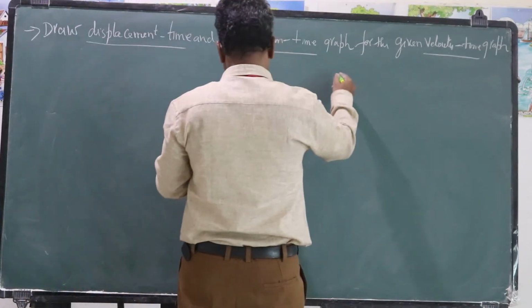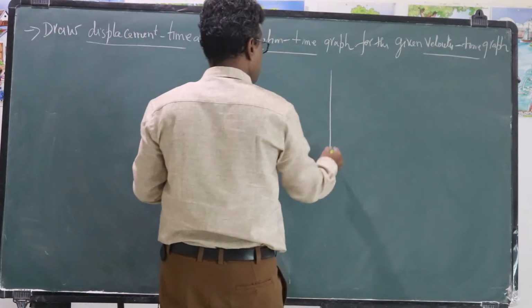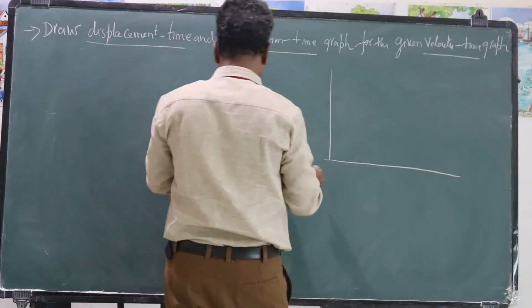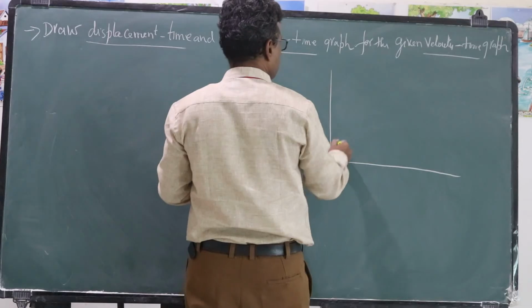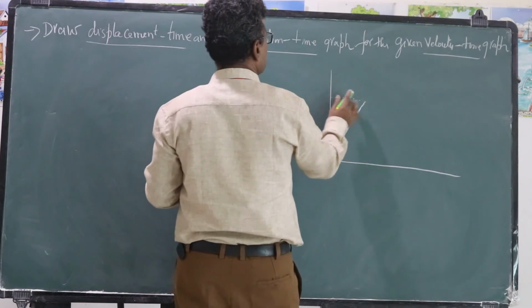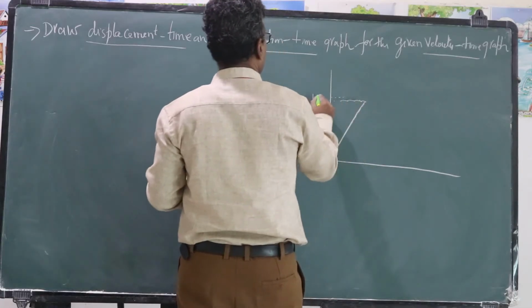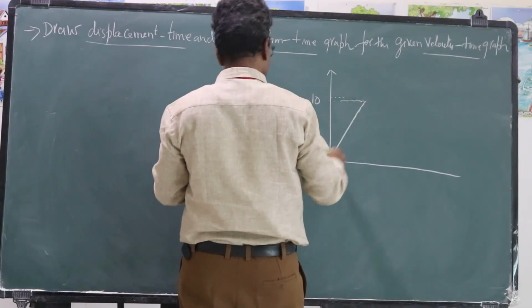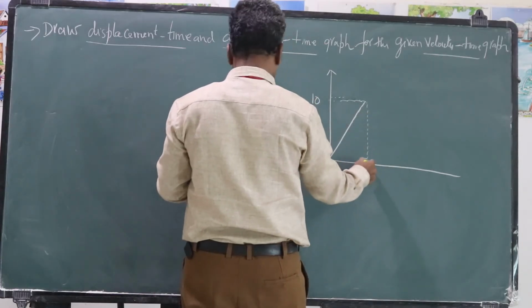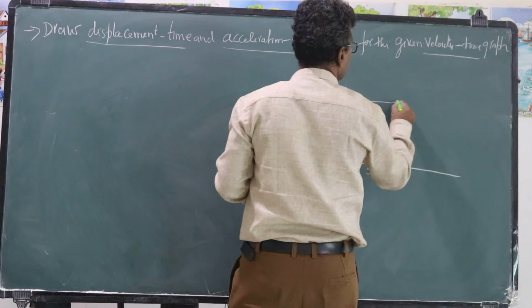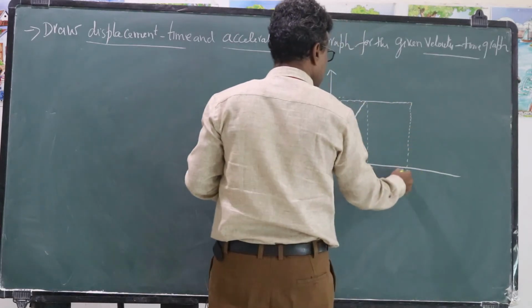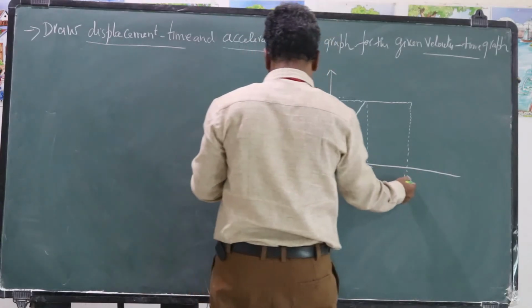The question: velocity time curve. On the x-axis time is taken. This is velocity, 10 units. This is 5 units. Then 10, from 5 to 10 seconds.